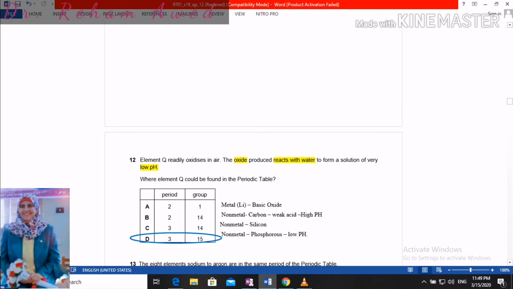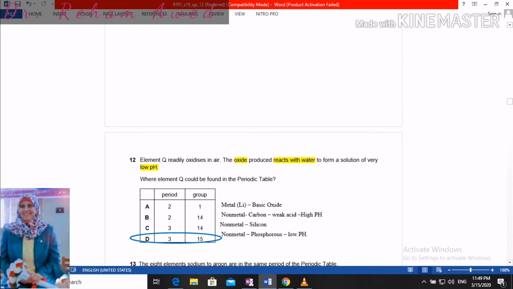Carbon will form carbonic acid. Carbonic acid is weak acid. Group 3, element 14. It is non-metal. It is a silicon. Number 4. Period 3, group 15, we are talking about non-metal.